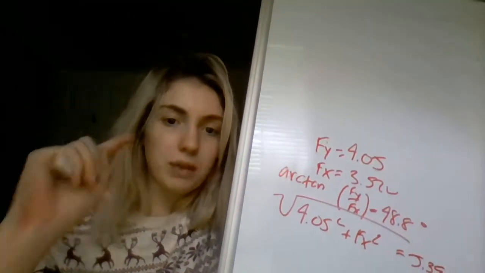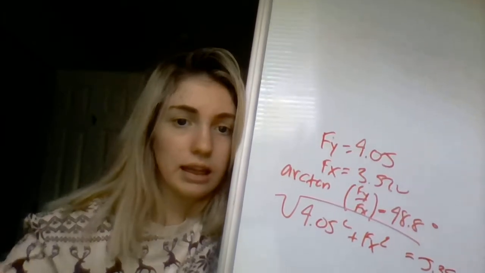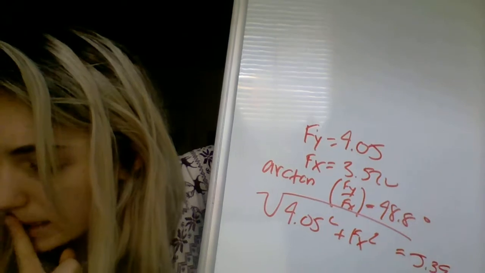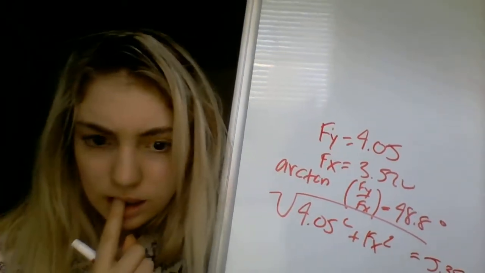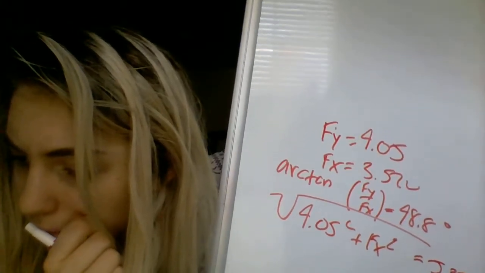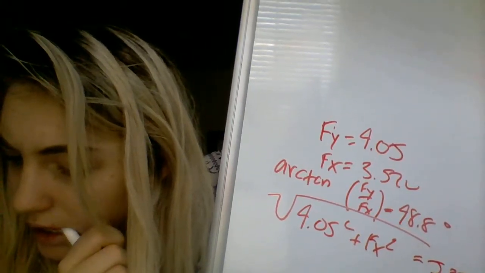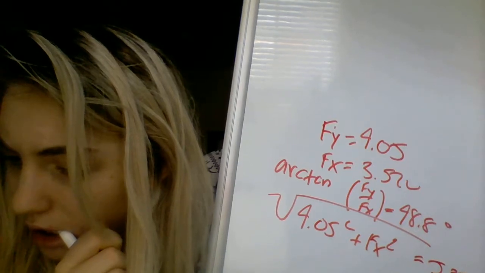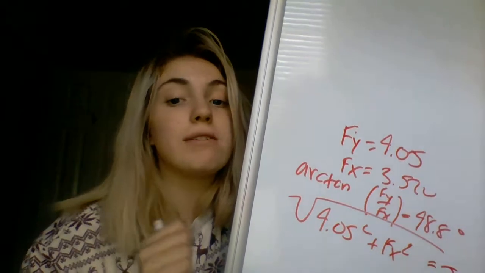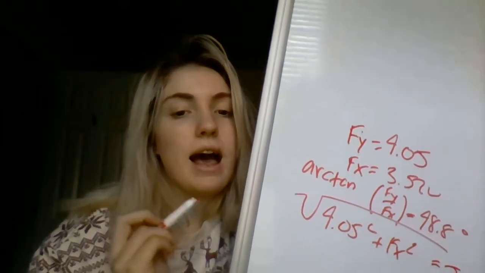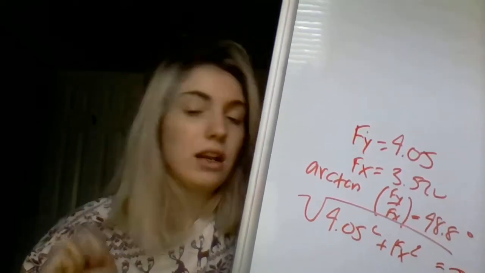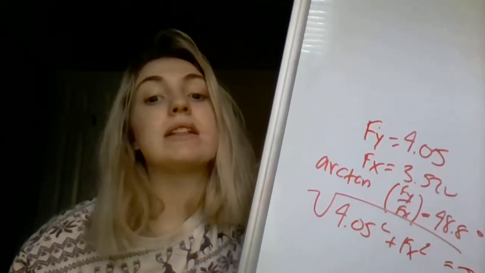So as a summary, part A, T of the cable is 2.598, and then force of the pivot is 3.28, and then the angle of the pivot is 37.6 degrees.